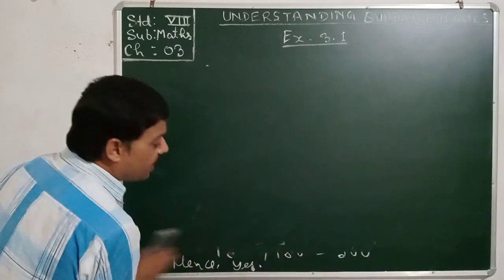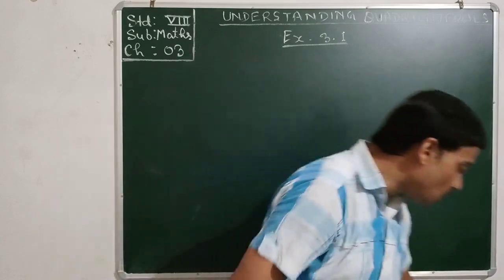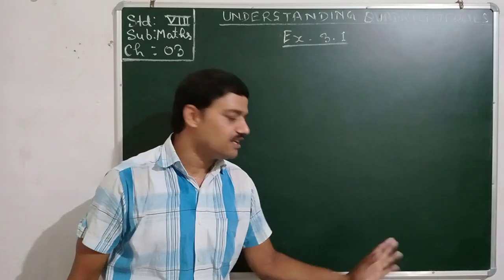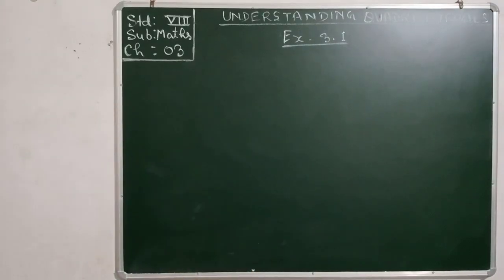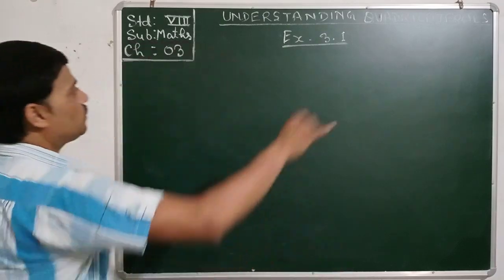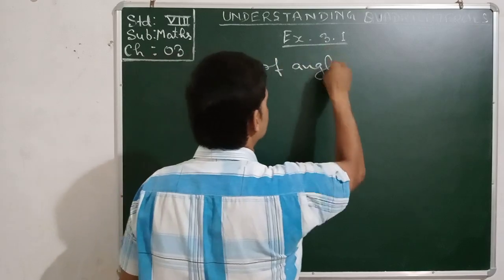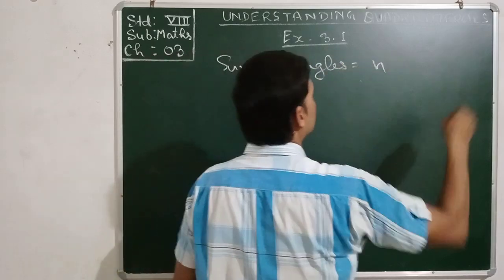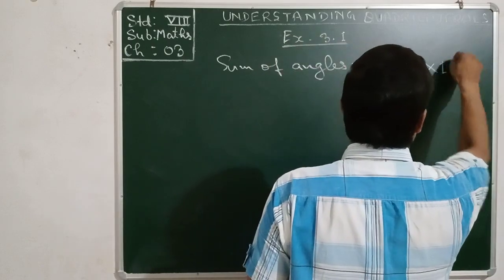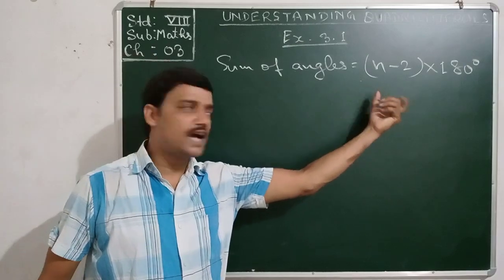There are triangles, quadrilaterals, pentagons and hexagons, and all of them are divided into several triangles. See how. And the angle sum property I had explained to you, that was sum of angles equal to n minus 2 into 180 degrees, where n was the number of sides.